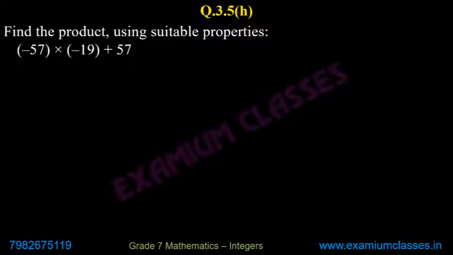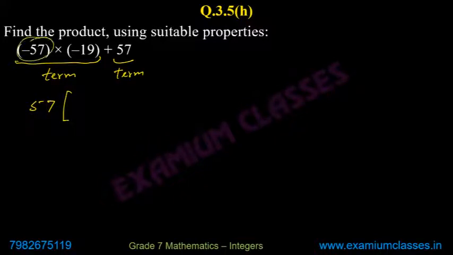Siddhi, answer correct. Okay. So here, basically, this is one term because there is no positive or negative sign here. Positive and negatives are inside bracket. So one term is this one and another term is this one. In these two terms, 57 is common. Take 57 outside. When you take 57 outside, then you will have minus 1 remaining here. Because 57 into minus 1 will give you minus 57 into minus 19.